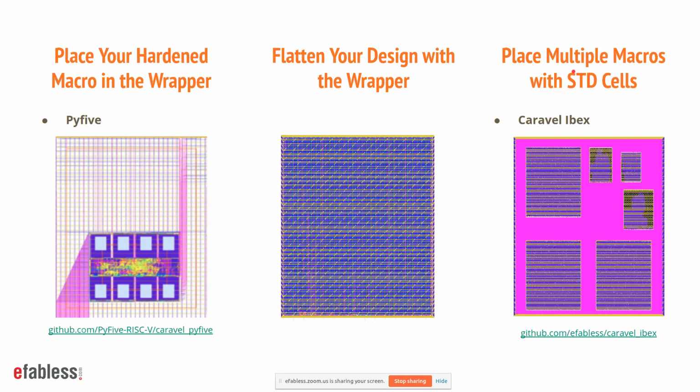The third option is a mix between the first and the second, which is that you could have macros inside the user project wrapper plus some standard cells on the top level. And an example of this is the Caravel Ibex project, which we had for the first MPW shuttle.